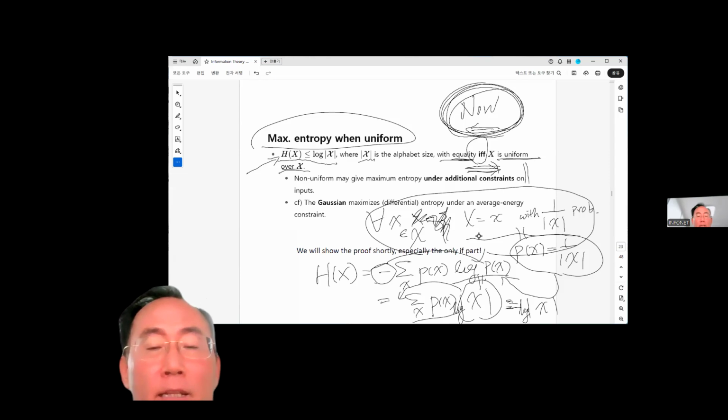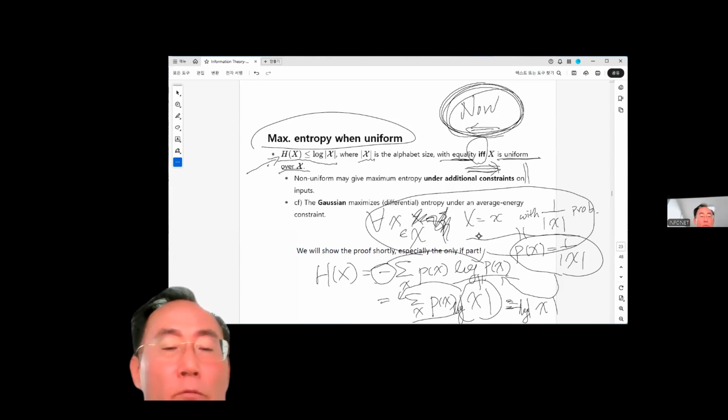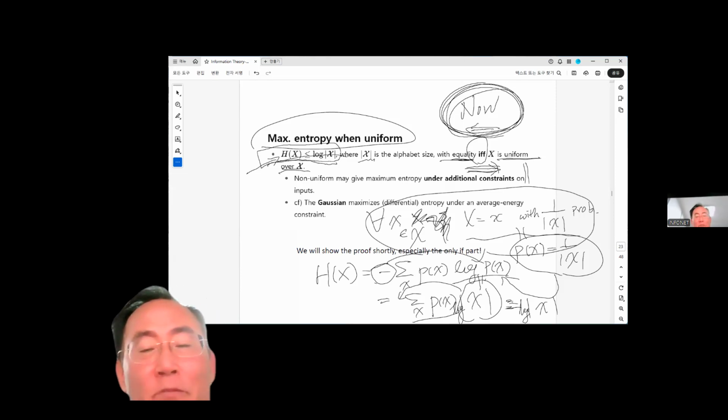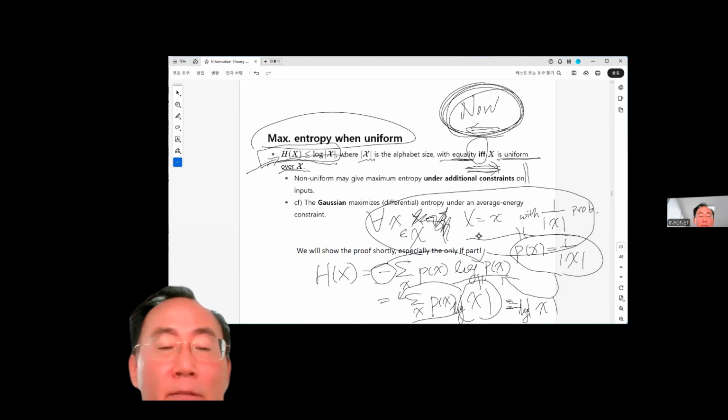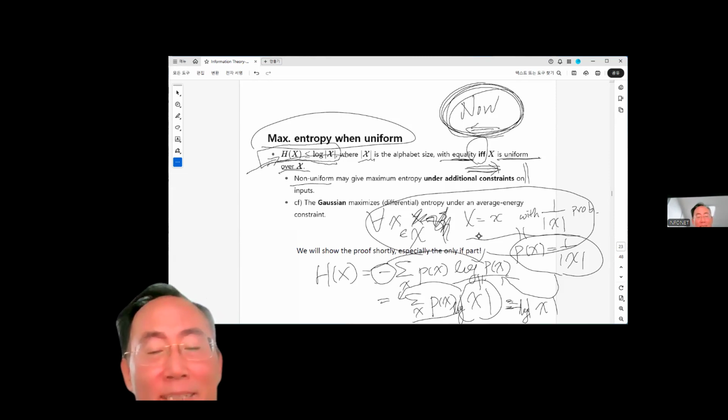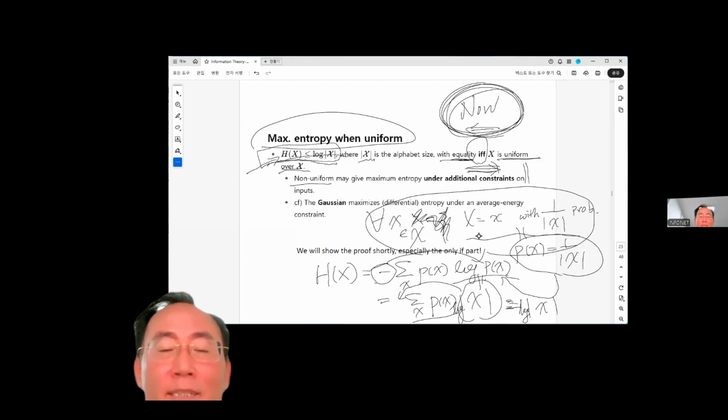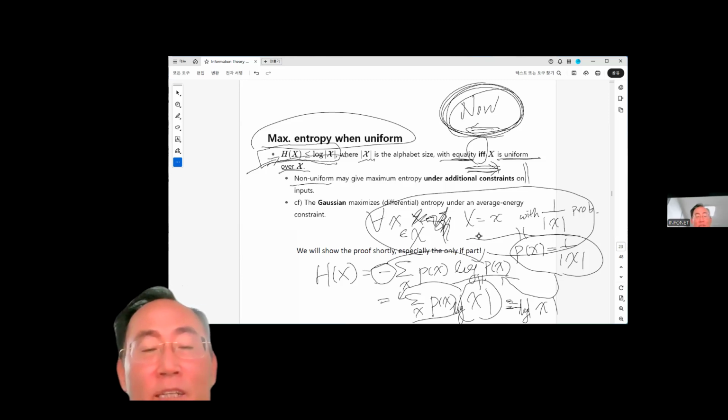Okay? And then here, now, when we take a look at this one, half proved for the equality part. If it is non-uniform distributed, then the entropy of that random variable is not maximized. Okay? All right. And this is true for all random variables, right?